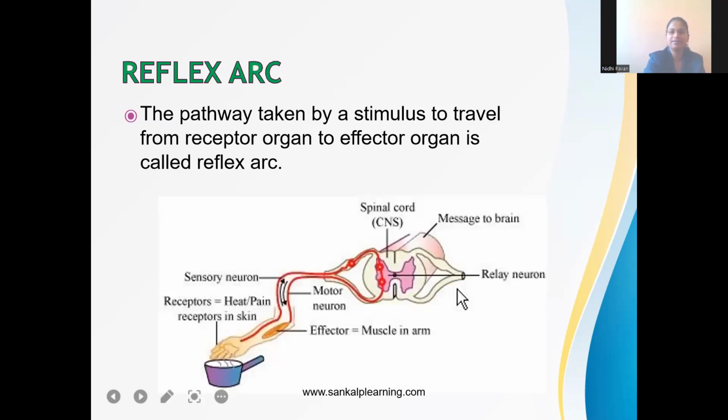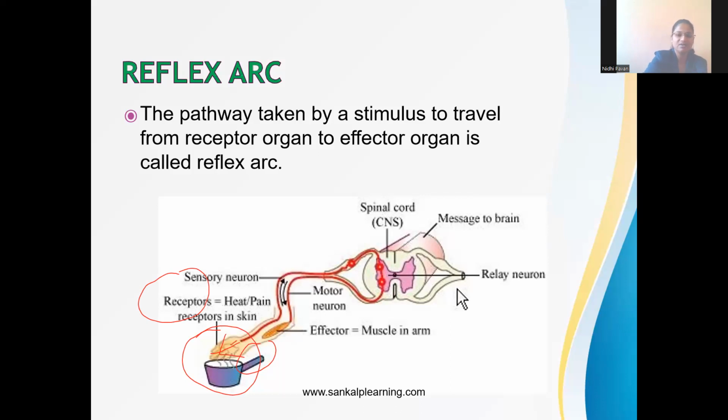So let me explain. Here a hot vessel is there. This is your hand. If you touch it without the handle, you will suddenly take off your hand. So what process is involved in this? Here the receptor is your skin. The cells of the skin are the receptor. The cells sense the heat.